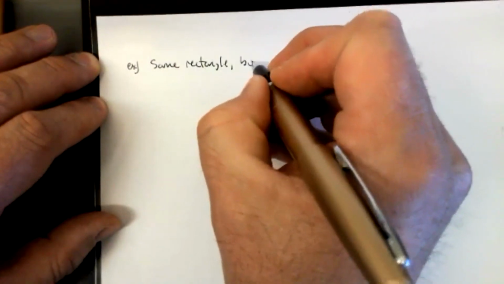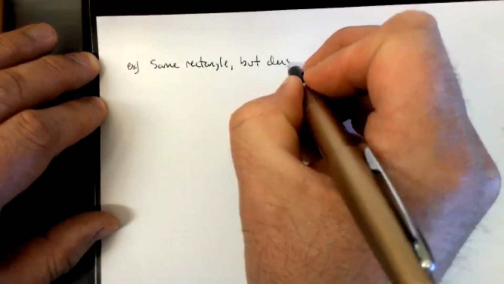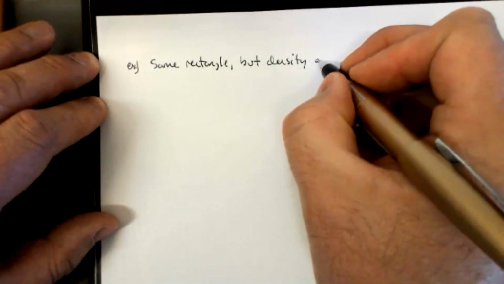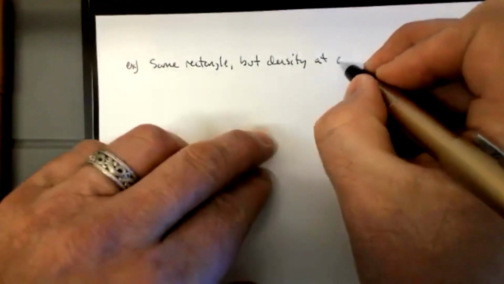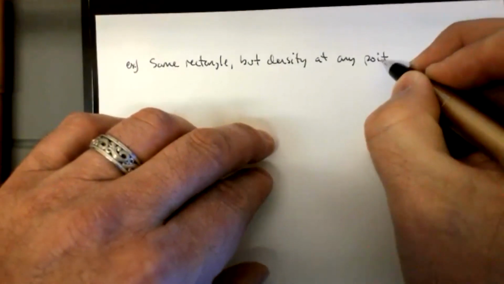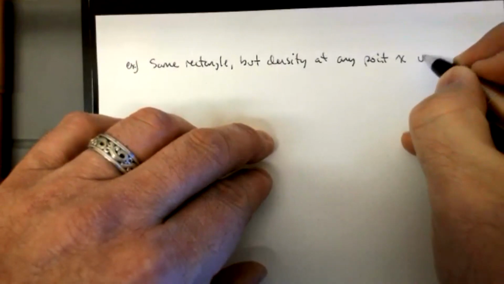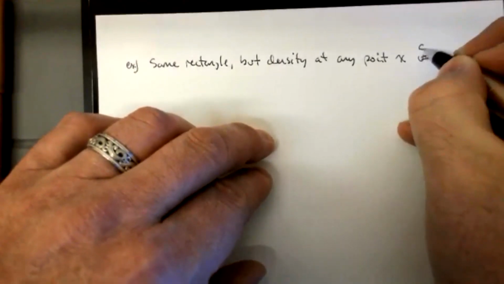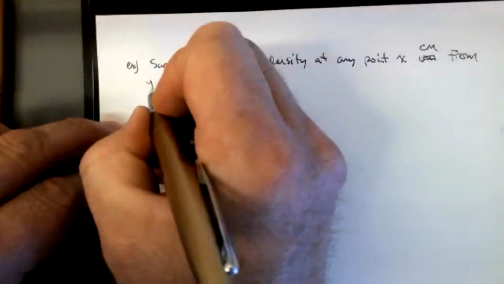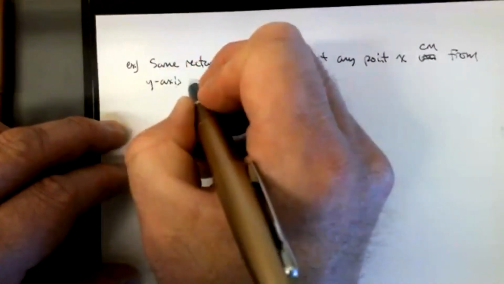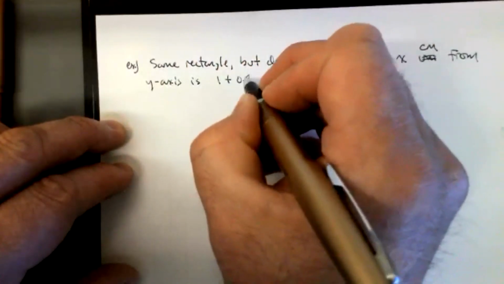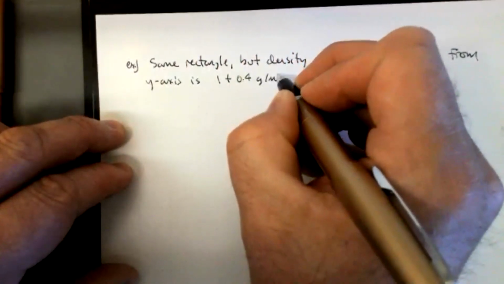But density at any point x centimeters from the y-axis is 1 plus 0.4x grams per square centimeter.